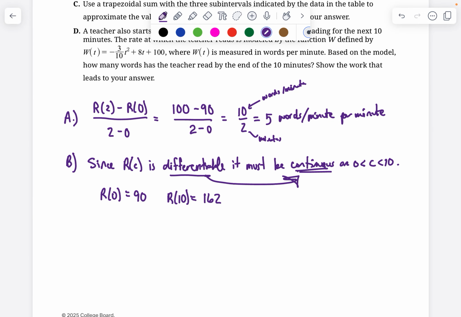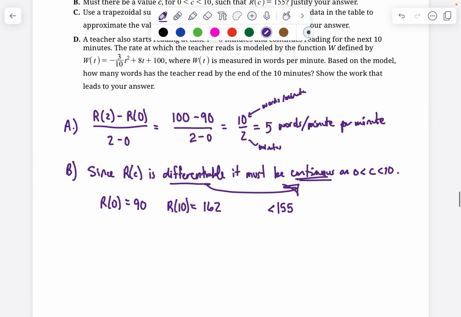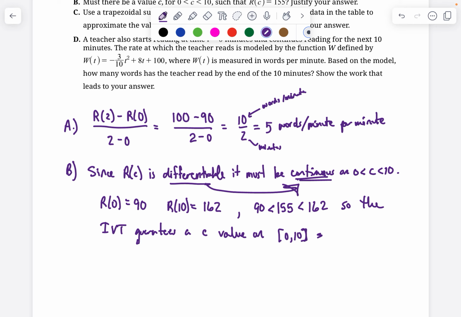So since 155 is in between 90 and 162, the IVT guarantees a c value on 0 to 10 such that r of c equals 155.